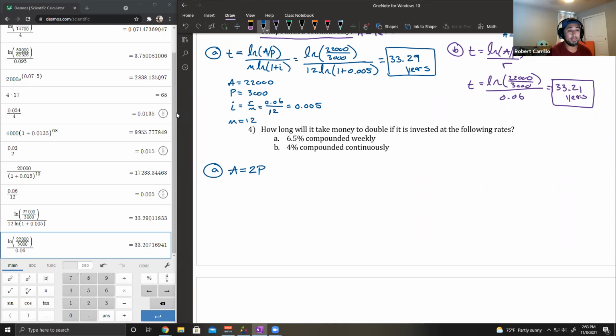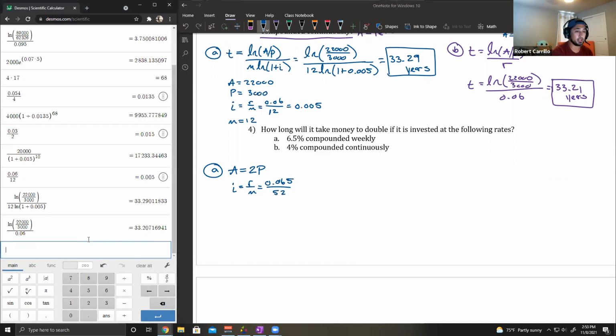Okay. And then i is rate over compoundings. So our rate is 6.5%, so 0.065. And our compoundings are weekly. So this says how many weeks are in a year. And we know that is 52.